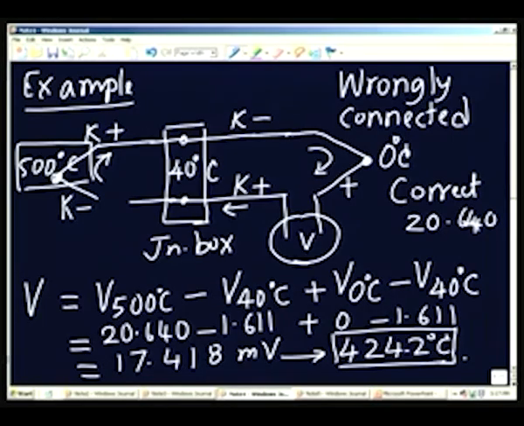You saw the large error, 500, 424, almost 75 or 76 degrees error is there. So, the error is because of the wrong connection which has been made.